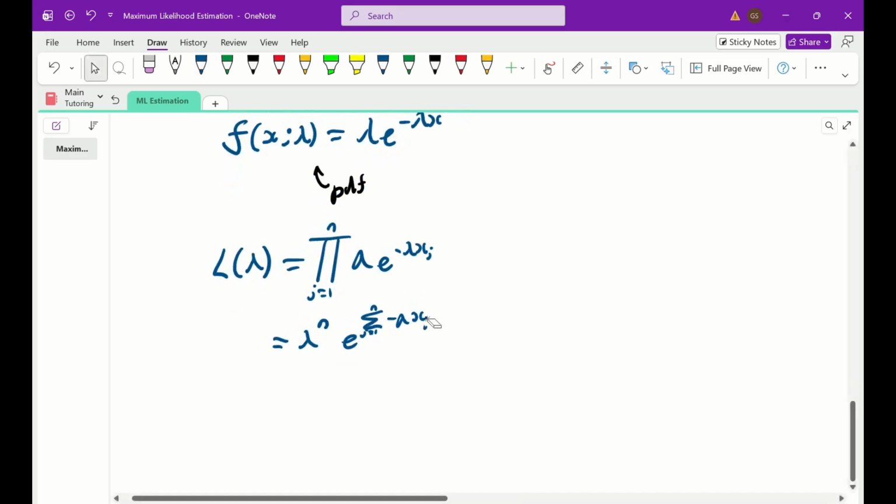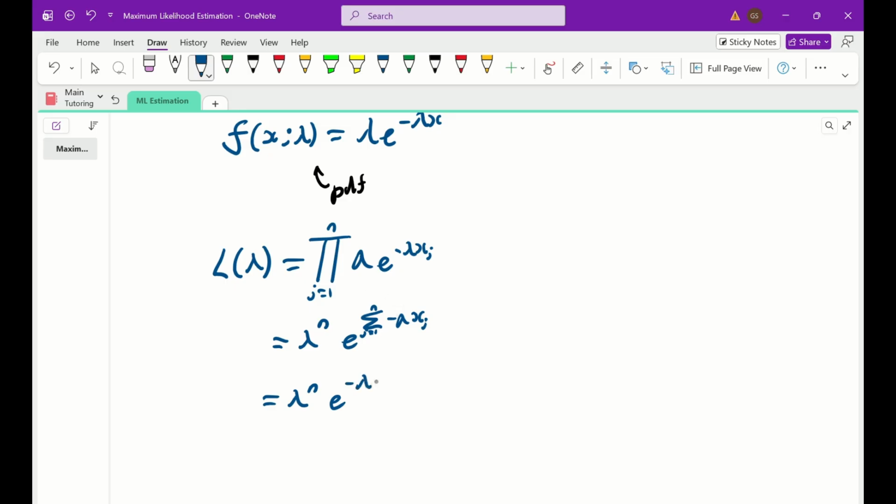I could simplify that a little bit further and write it a bit neater. So we've got lambda to the n, e to the, I can factorize this out, so this can just come out of the sum. So it's negative lambda sum j equals 1 to n of xj. Okay, so that's the likelihood function.